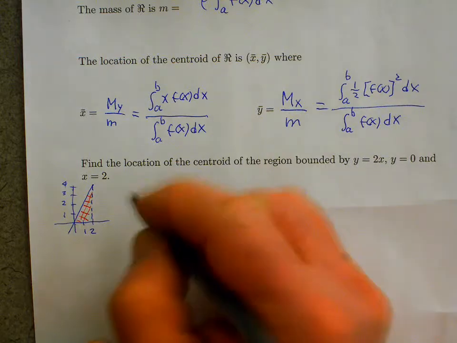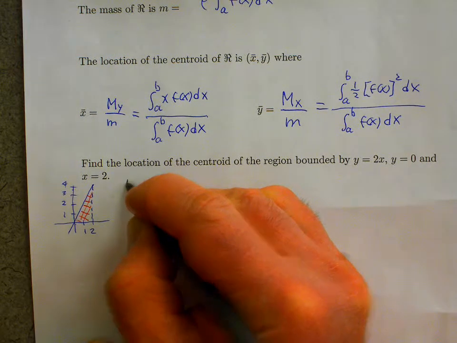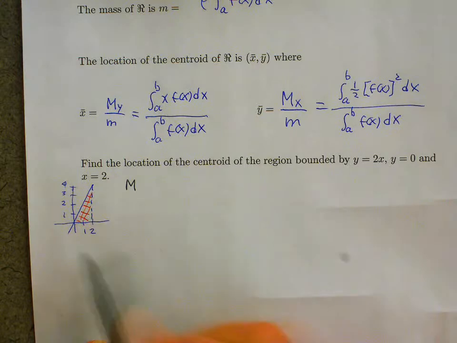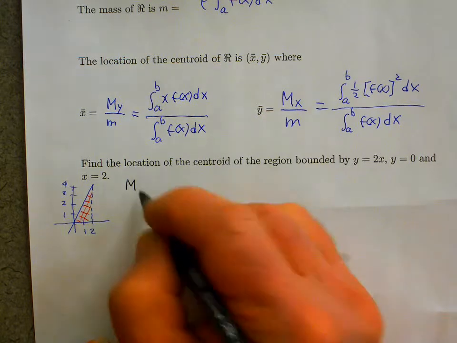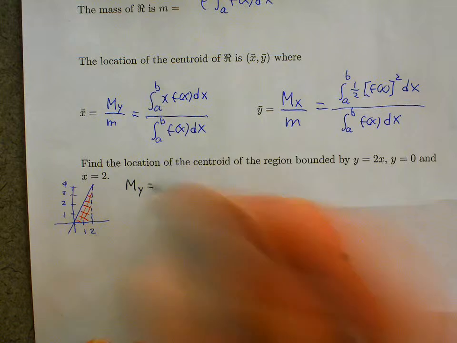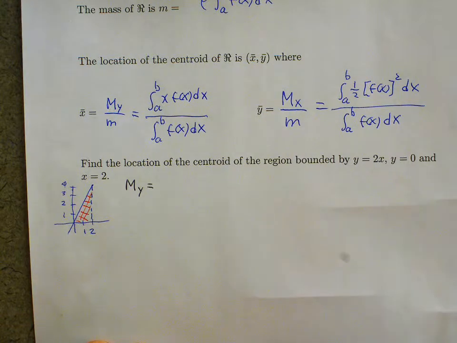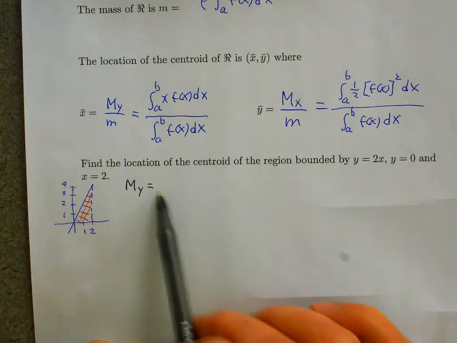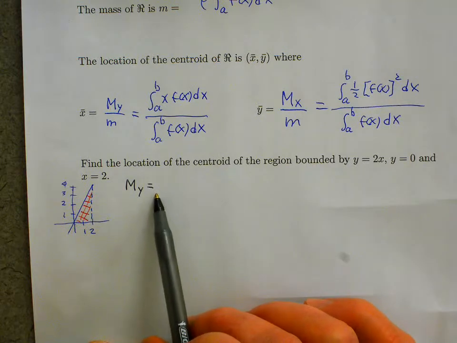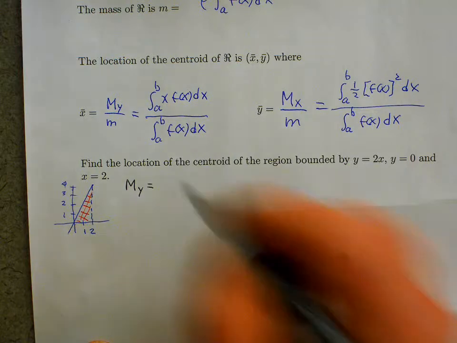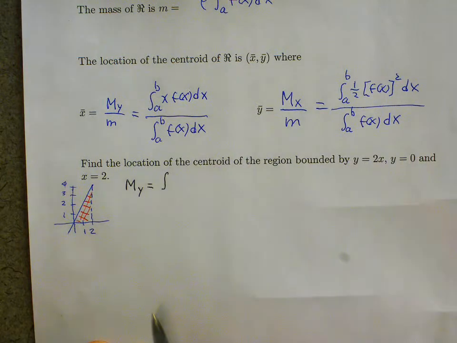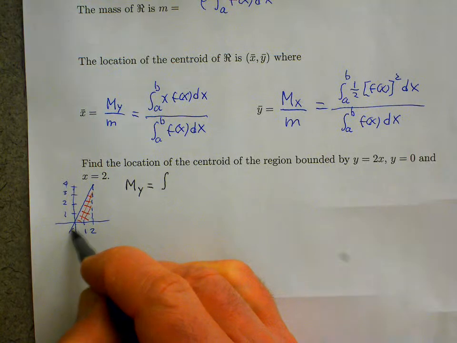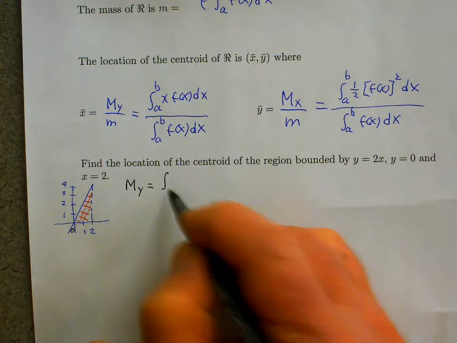Okay, so the moment of that region about the y-axis, let's just assume that rho equals 1, so I don't have to write rho every time. Or you can just think rho times the definite integral from x equals 0 to 2.